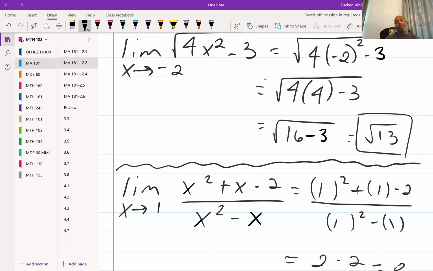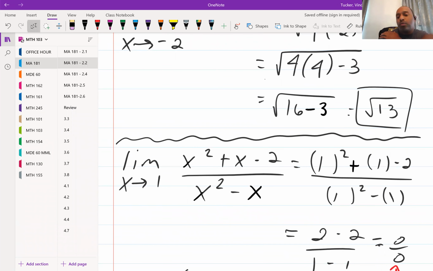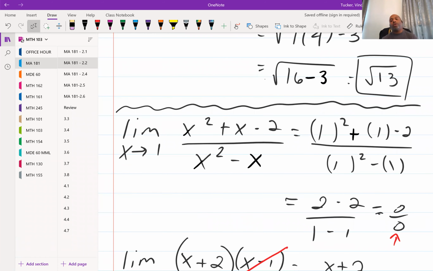So it'll be 1 squared plus 1 minus 2 over 1 squared minus 1. 1 plus 1 is 2, 2 minus 2 is 0. On bottom, we also have 1 minus 1, which is 0. This is not a good situation for us to be in. 0 in your denominator is undefined, so we need to manipulate the problem in some way in order to get an answer.